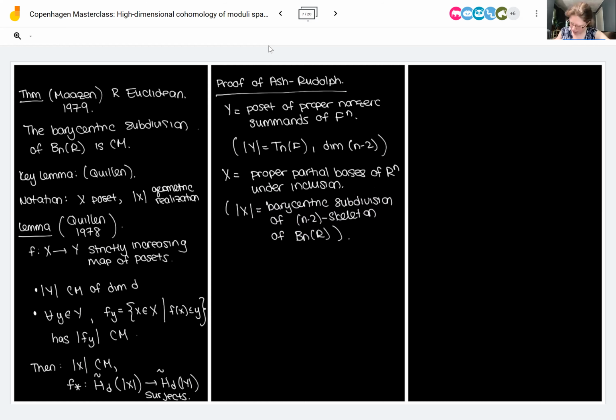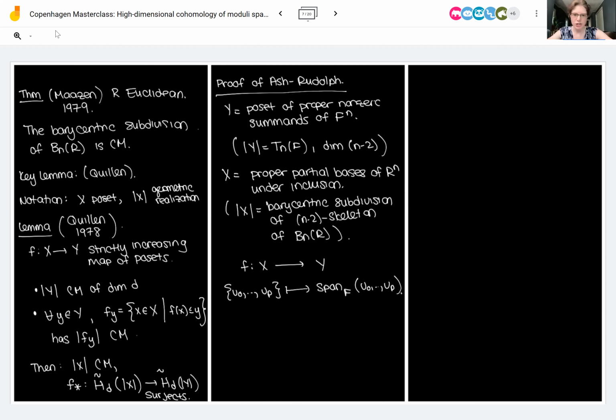Okay, and now we can define our map F from X to Y just by taking spans. So I take a partial basis of R^n, and I take its span over the field F. Great, and so our goal is to apply the lemma and then use surjectivity of this map in top homology to prove our theorem.